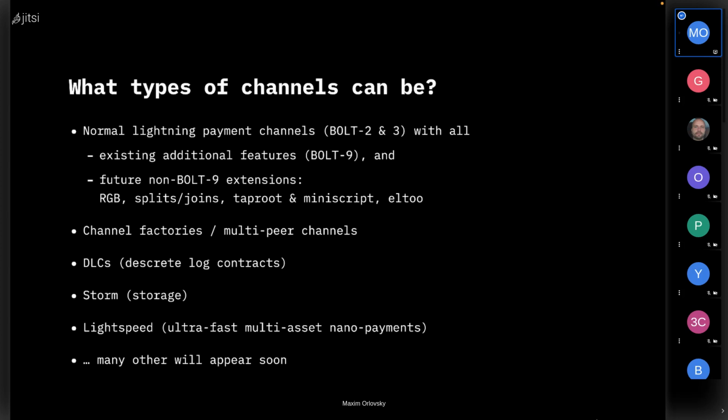So what types of channels can there be overall, not just in the existing Lightning Network, but everything that we can imagine that can be put into a state channel on Bitcoin. Of course, first of all, it's normal Lightning payment channels, which are defined in standards BOLT 2 and 3, with existing features that have already been added there.